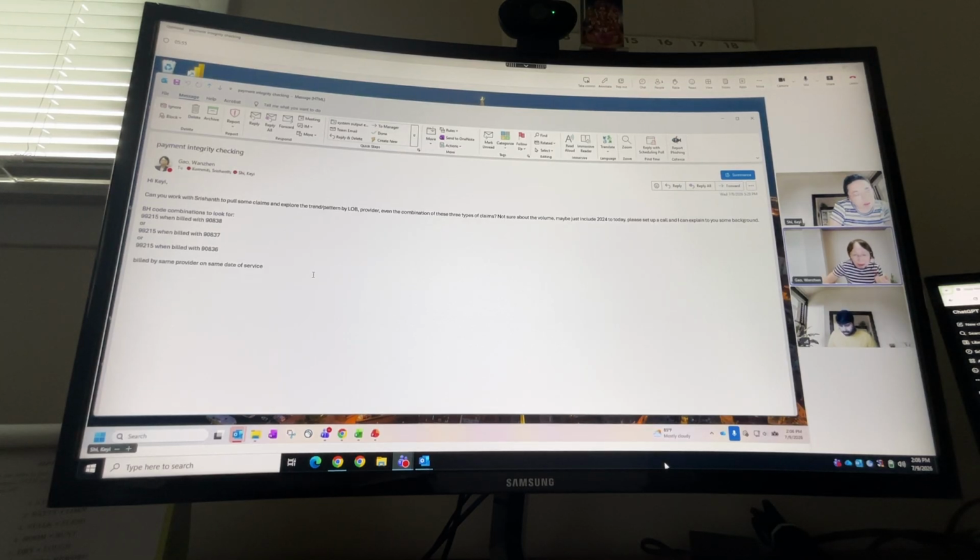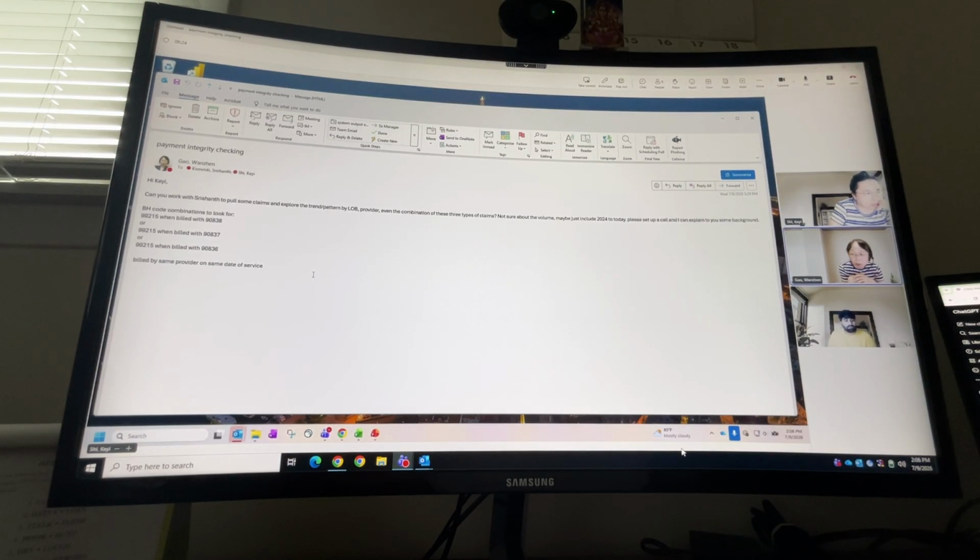But let's identify those potential provider abuse. And then we need to check the medical history and see if the record from medical history supports this. For now, I need to find out where the medical history is. But we don't even know how serious the problem is. Maybe it's serious, maybe it's not.